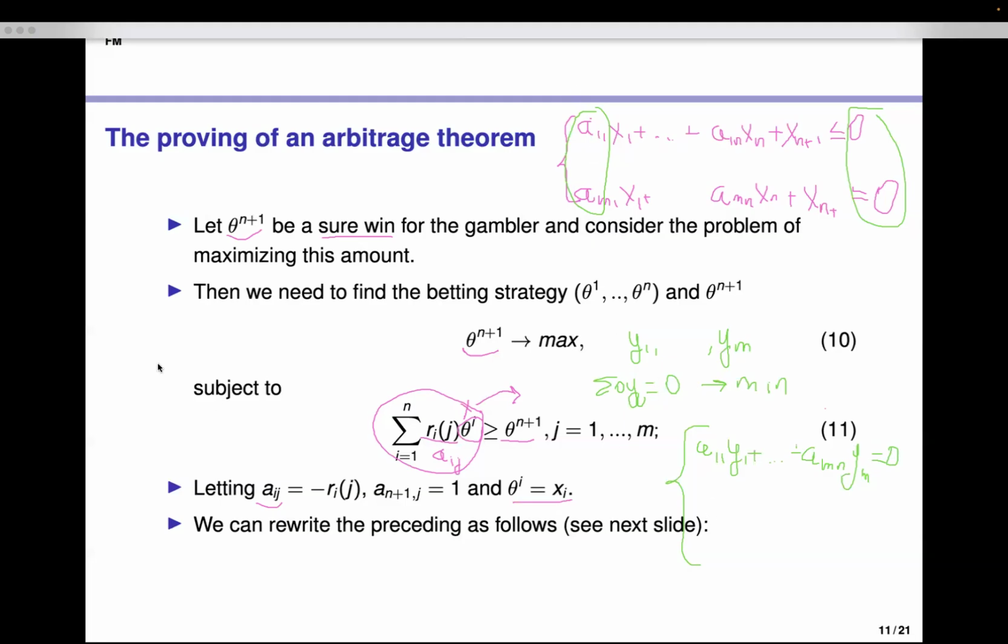After that, why amn? Isn't it supposed to be am1? It is a11 multiplied by y1. It's clear. The second a21, and the last am1, because this is m1, yes. Okay, it's my bad. Thank you.